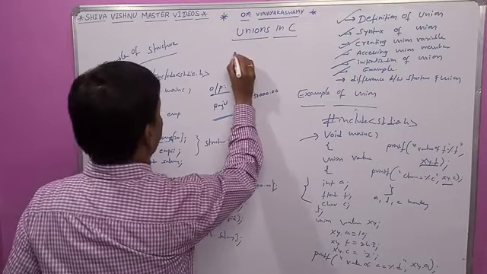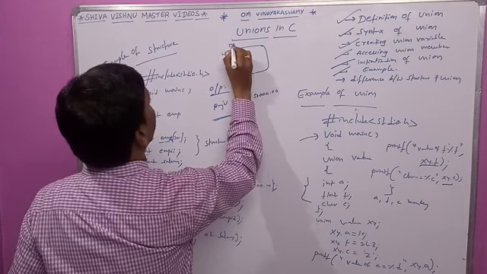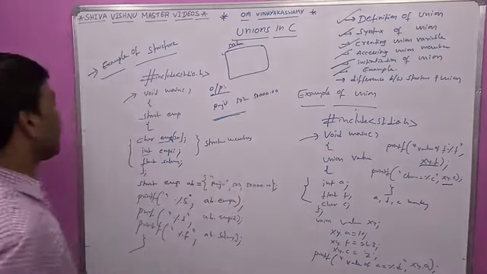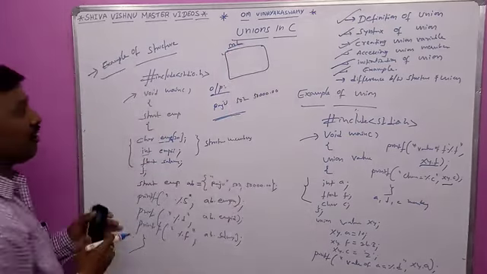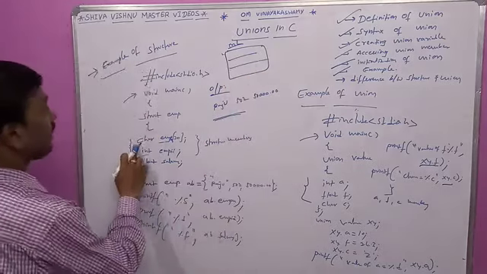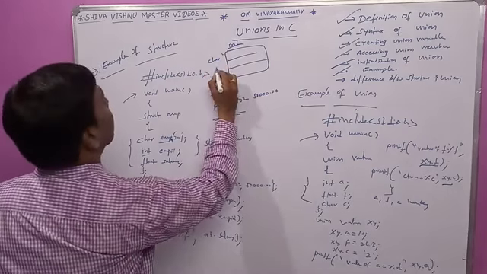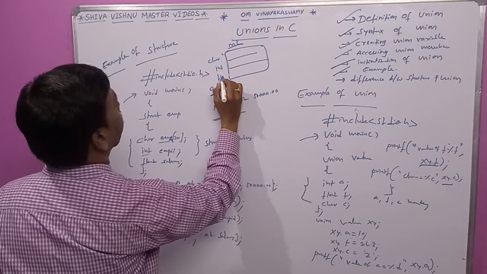Now here you can see the memory location of a structure. Here you can see the structure: character char, int, float.